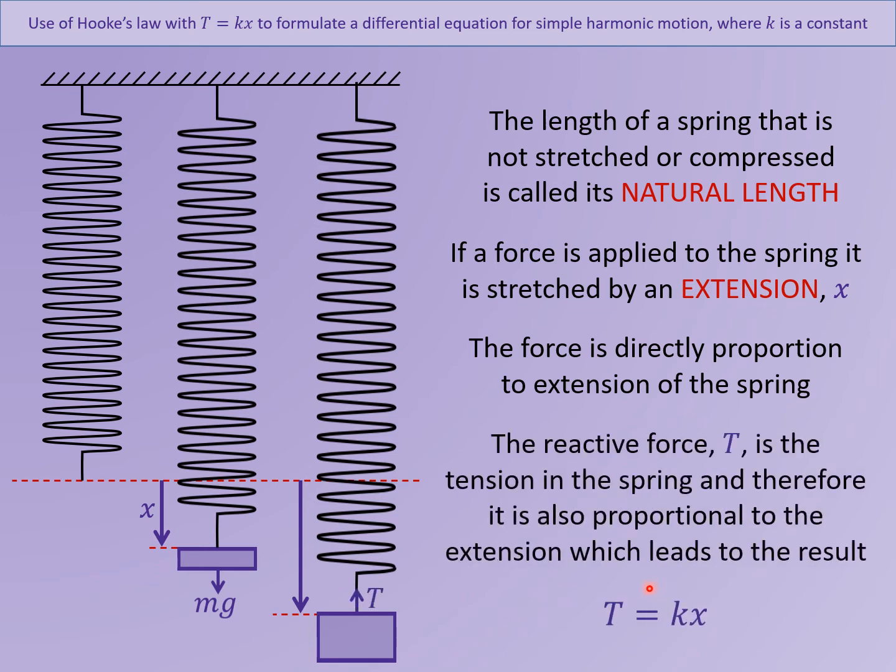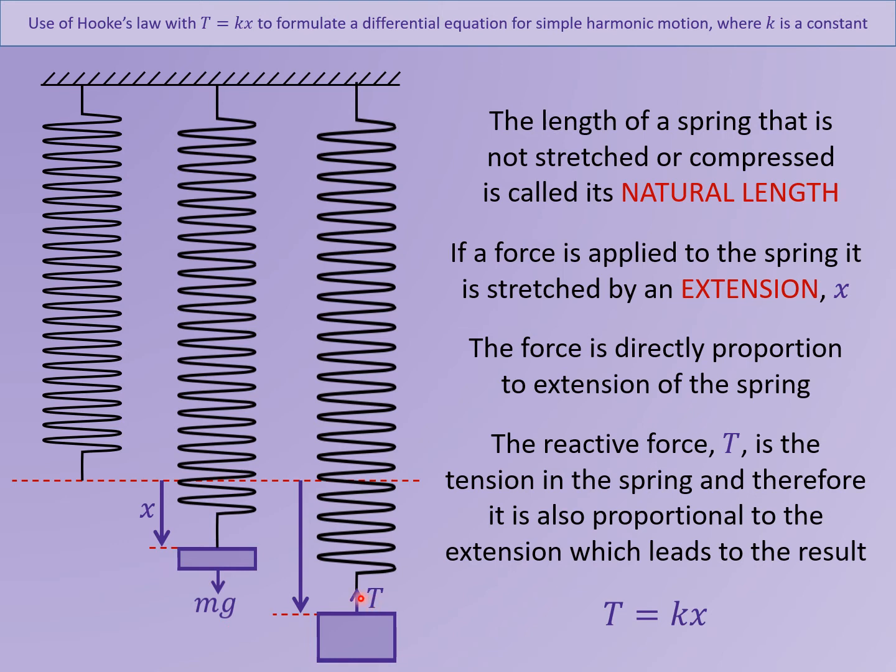Now that T value we call a reactive force. It can be tension, but if it's pushed up, then it's also like a thrust pushing it back down. Depending on where it is, sometimes it's T for tension and sometimes it's T for thrust. But we can think of T as a reactive force. It's reacting to the weight that's pulling it down.